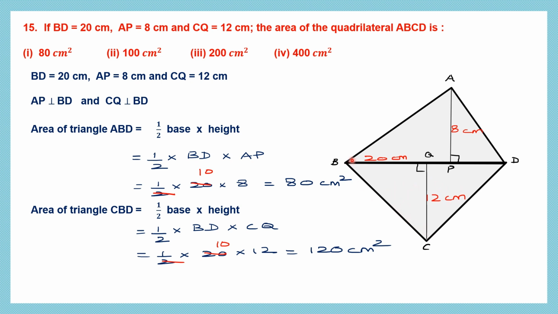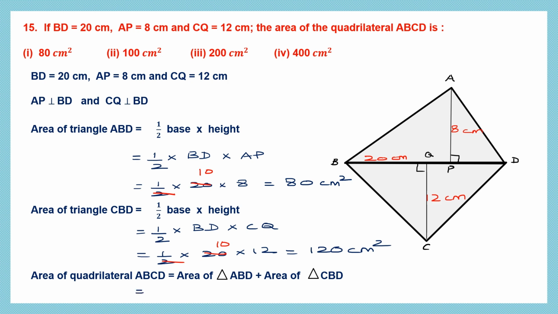Now to find the area of this quadrilateral, we just have to add up the two areas. So area of the quadrilateral ABCD is area of triangle ABD and area of triangle CBD. So let's write that down.